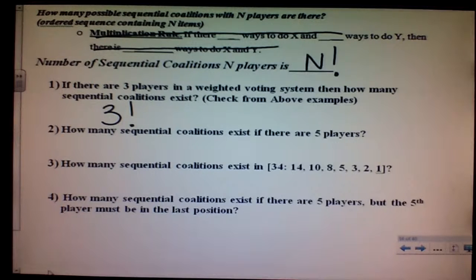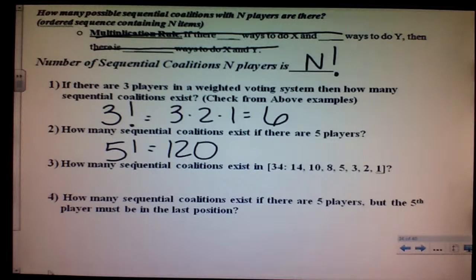I have 3 players, so 3 times 2 times 1, which is 6. What if I bump it up to 5? 5 factorial is 120. What about number 3? That's 1, 2, 3, 4, 5, 6, 7, so 7 factorial: 5,040.